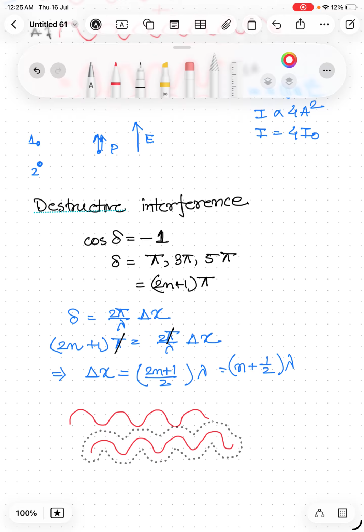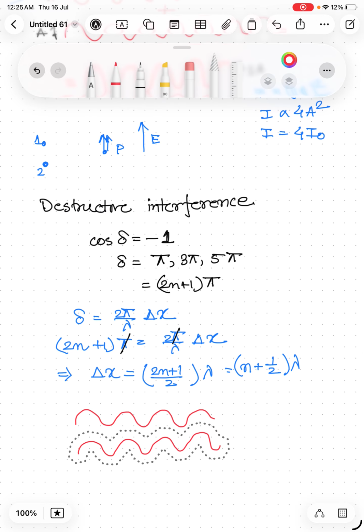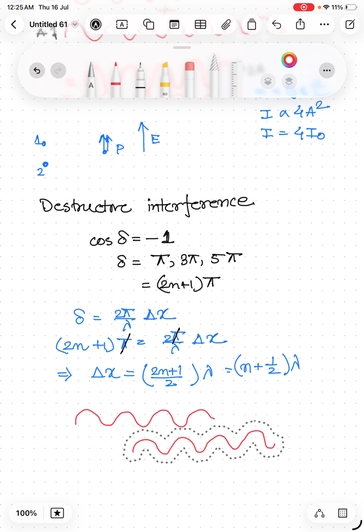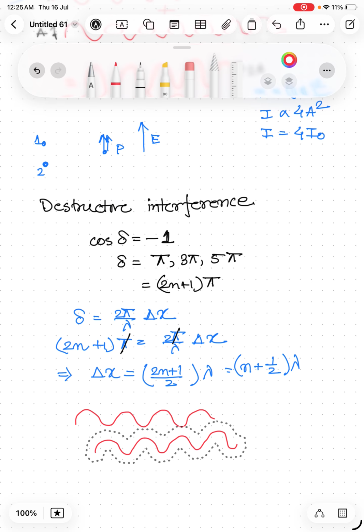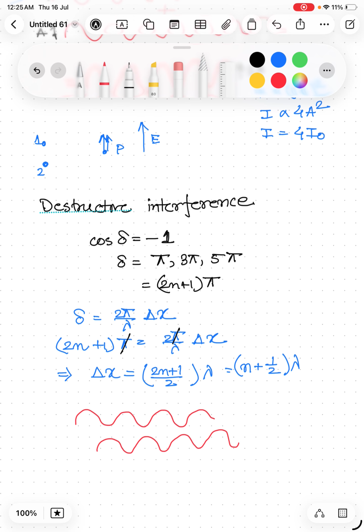So one is minimum, the other one is maximum. If both of them are present, I'm going to get 0. Similarly, if I move it by lambda plus lambda by 2, I'm going to get the same thing. So hopefully this is understood. If both of them are present, I'm going to get 0.